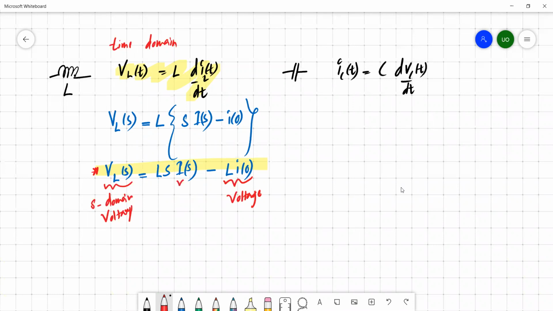So this is current, and this would be the impedance. So then we can simply claim that if you have an inductor, you can simply replace this inductor with the impedance of Ls.